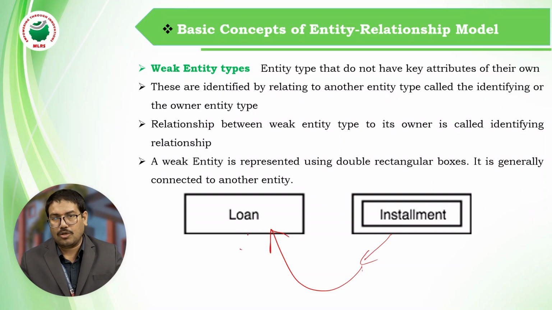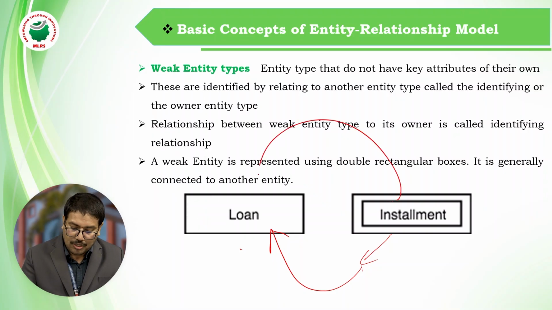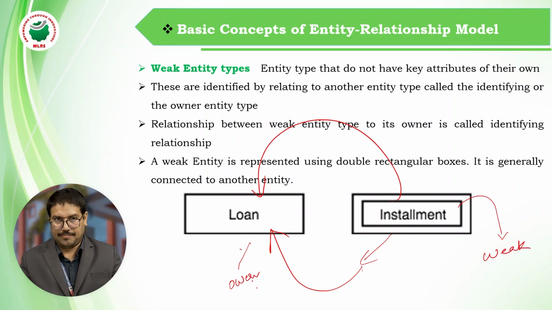If there is no loan, no installment. I repeat, the installment entity depends on the loan entity. So the loan entity we call the parent entity or owner entity, and the installment we call the weak entity.